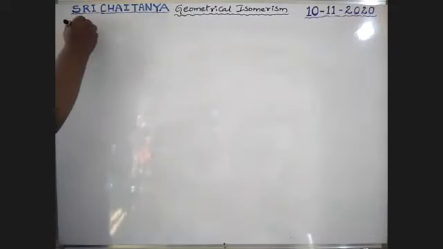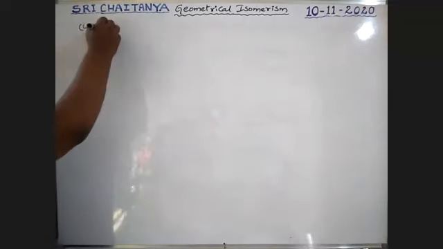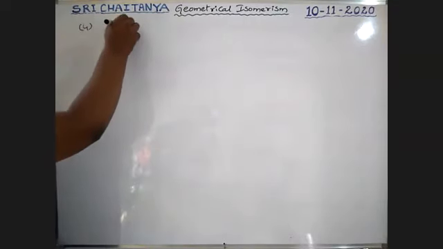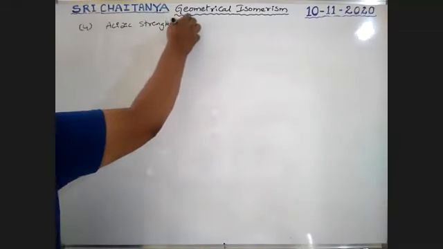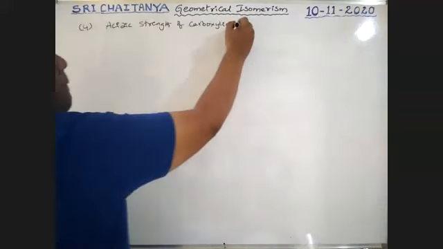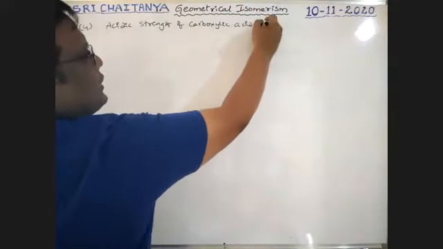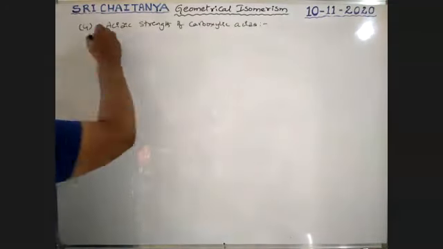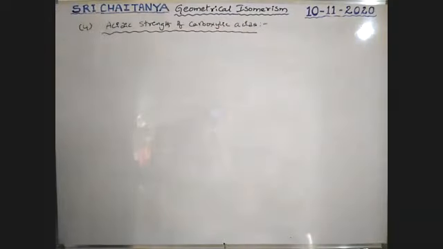This concept, the geometrical isomerism concept, is used to explain the acidic strength of carboxylic acids. How to explain the acidic strength of carboxylic acids?